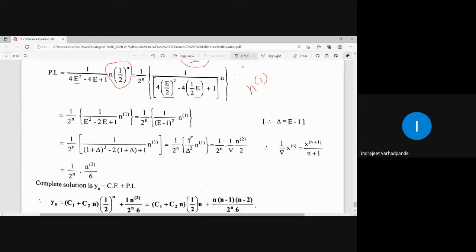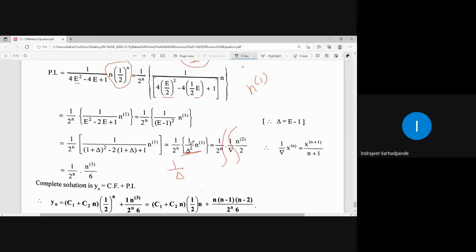Whenever you have 1 upon delta square, 1 upon delta square is nothing but integration. एक बार integrate करो और एक बार integrate करो तो 1 by delta is nothing but anti-difference operator या inverse operator. Delta is analogous to derivative. 1 by delta is analogous to integration.